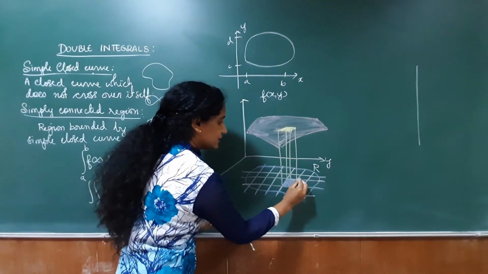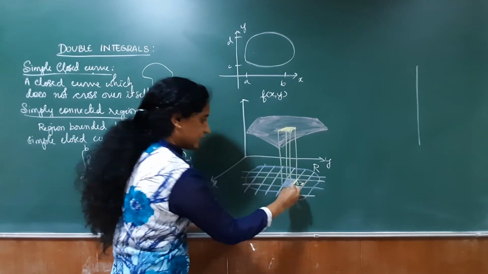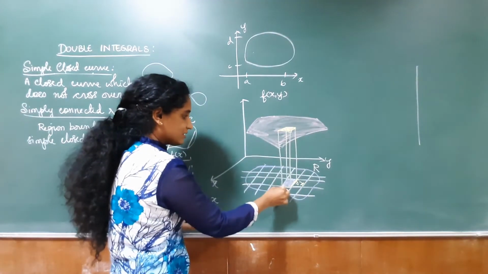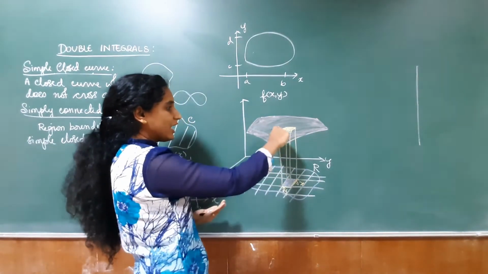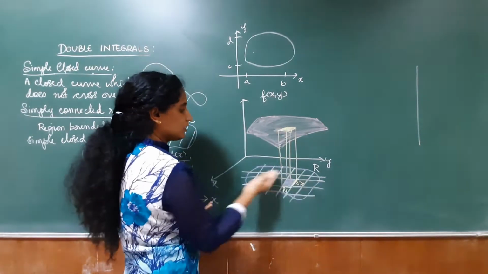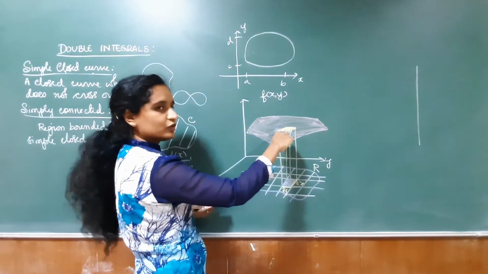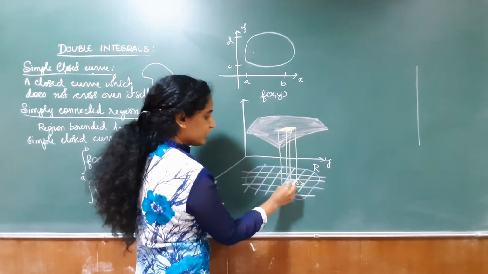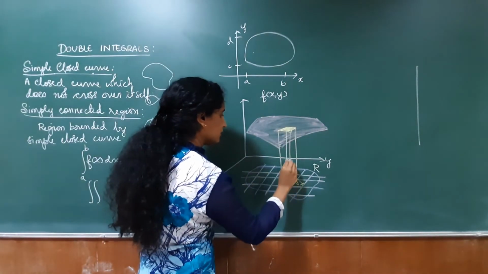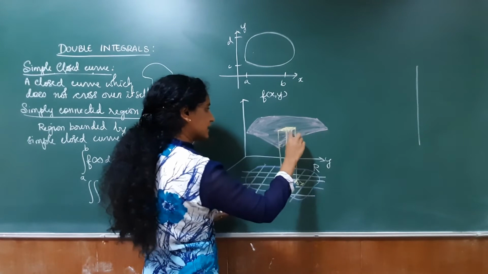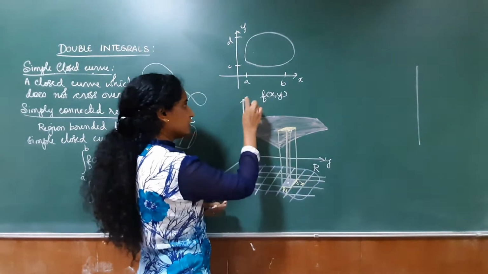Along the x-axis, suppose this length is delta x. Along the y-axis, suppose this length is delta y. And this height is nothing but the distance between this plane and the point on the function here. Therefore, if I take a point over here and take the image here, this is nothing but the height on the z axis.